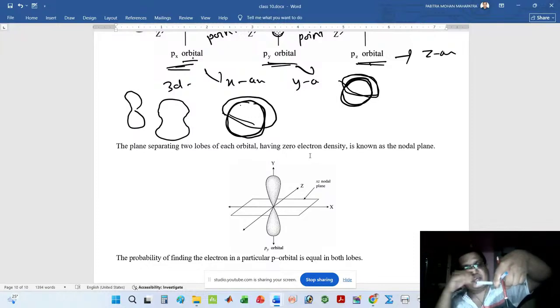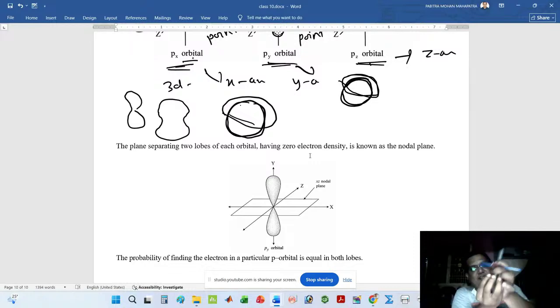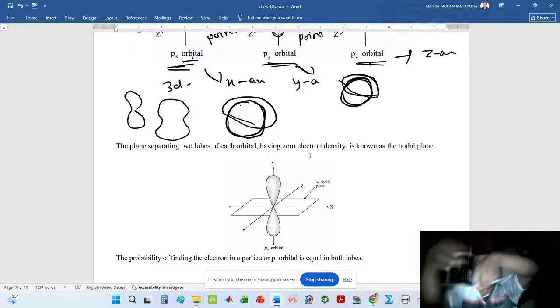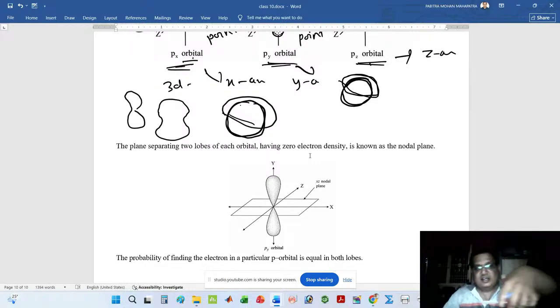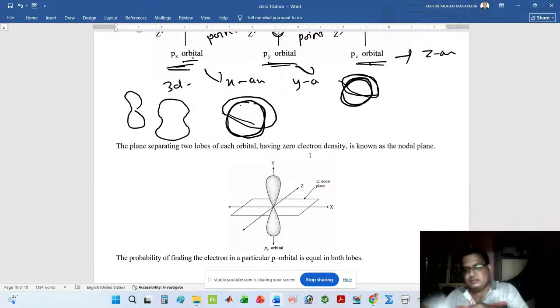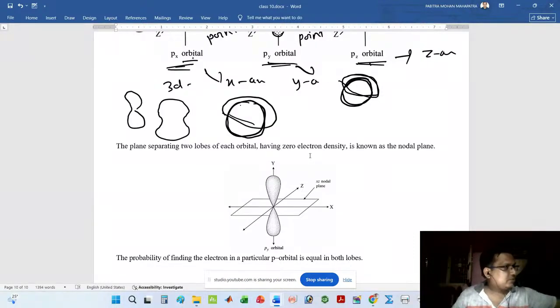Think about the px. A lobe is present here. Second lobe is present here. One lobe is this, another lobe is this. Then what will happen? A plane is present here. I want to start like this. I want to try to explain.